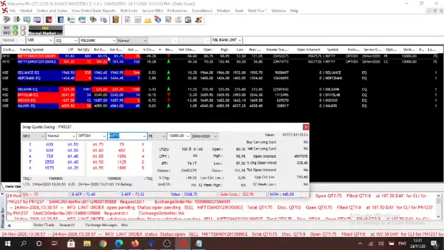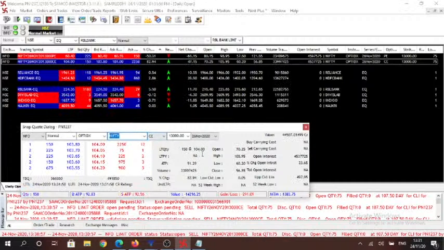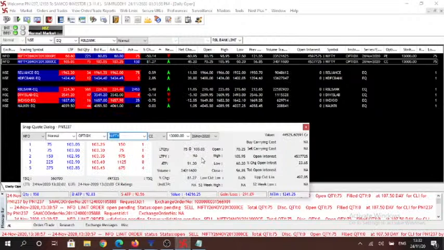Currently, we have one short put which we are going to keep, and we have a sell order at 107.5 for one call. And after that, let's see what happens.